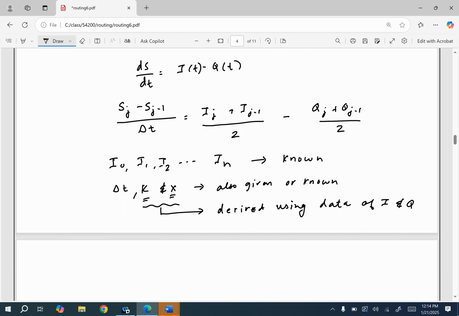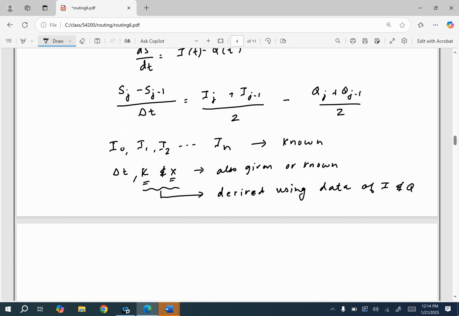Okay, and then the initial condition Q0 is also known or assumed.